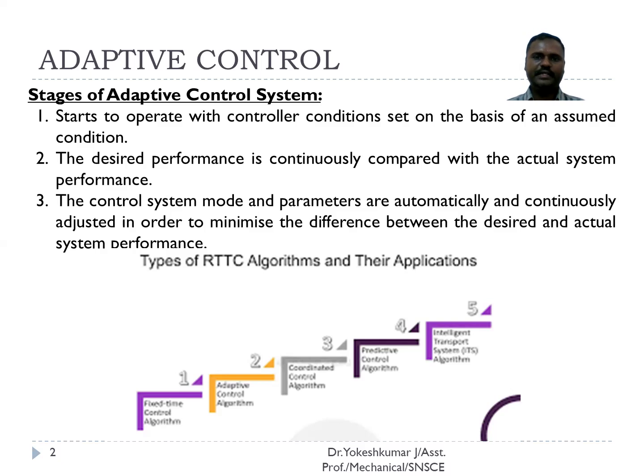We cannot ensure that the outer surrounding temperature is constant. It keeps on varying from morning to evening and with different climatic conditions. Accordingly, it will automatically adjust the system, and we can have consistent control over the system. These are the basic stages of the adaptive control system.